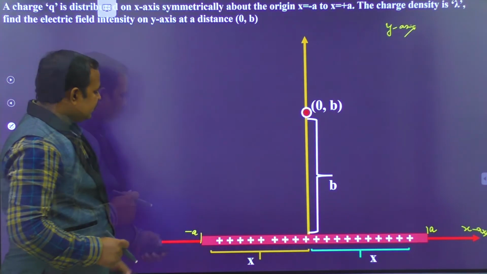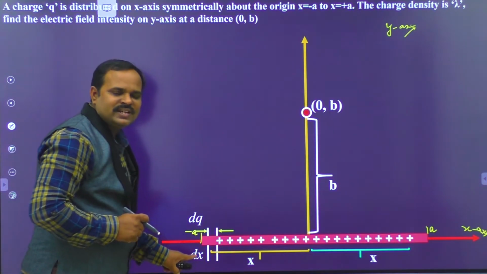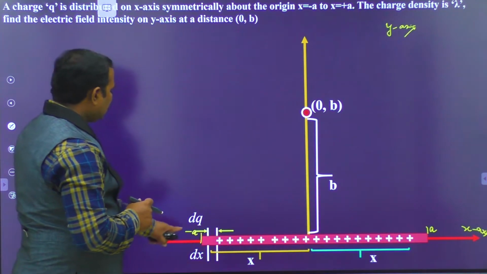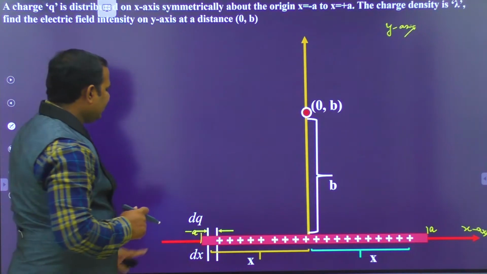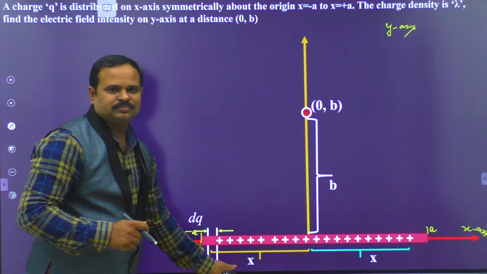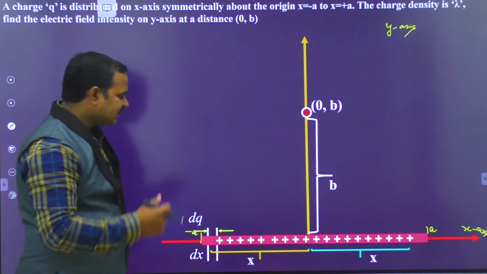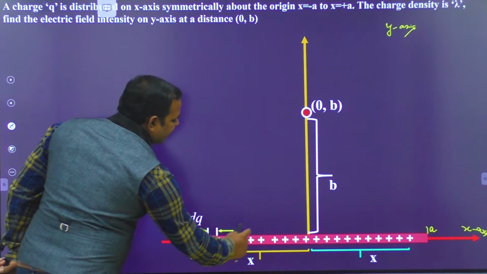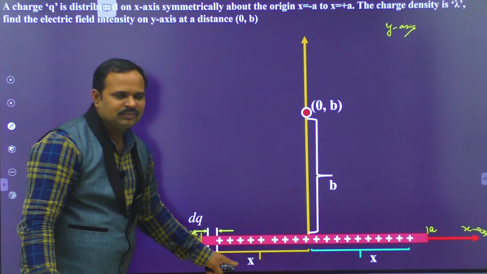So let us consider a small charge dq in a length element dx. Since this is the x-axis, I have taken a small length element dx. Now this is the small charge I am taking, and the distance from this small charge to the origin is x. The distance from this charge to the origin is x. This dq can be varied here, here, everywhere, so x can be a variable.